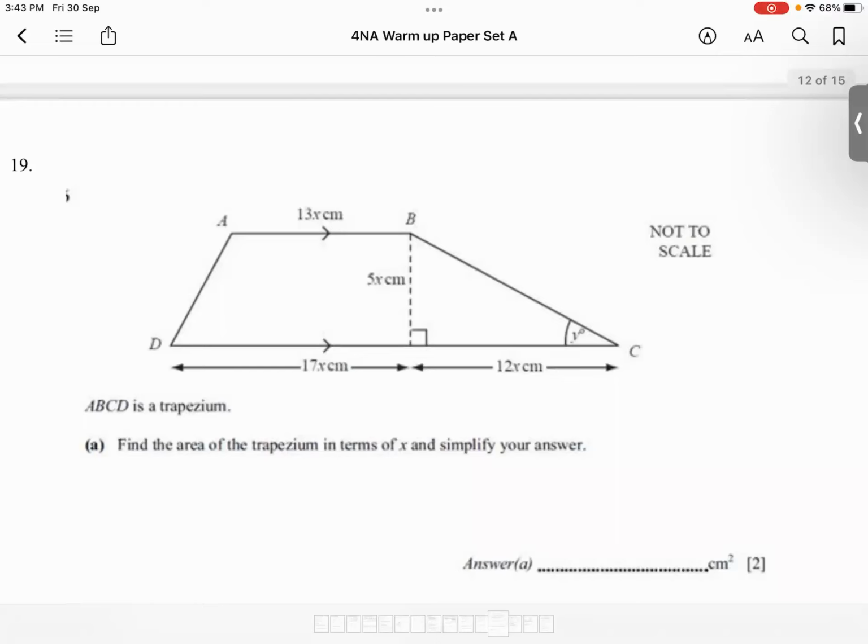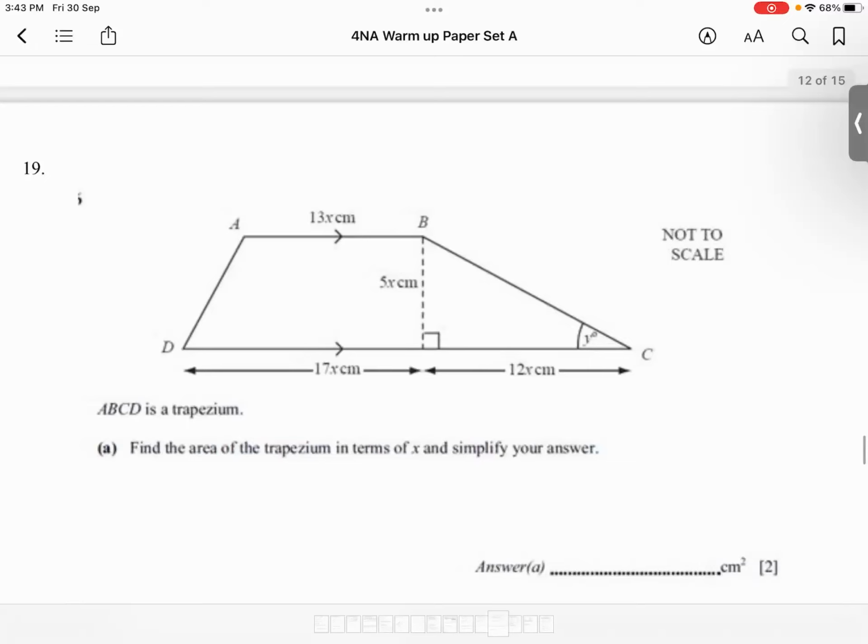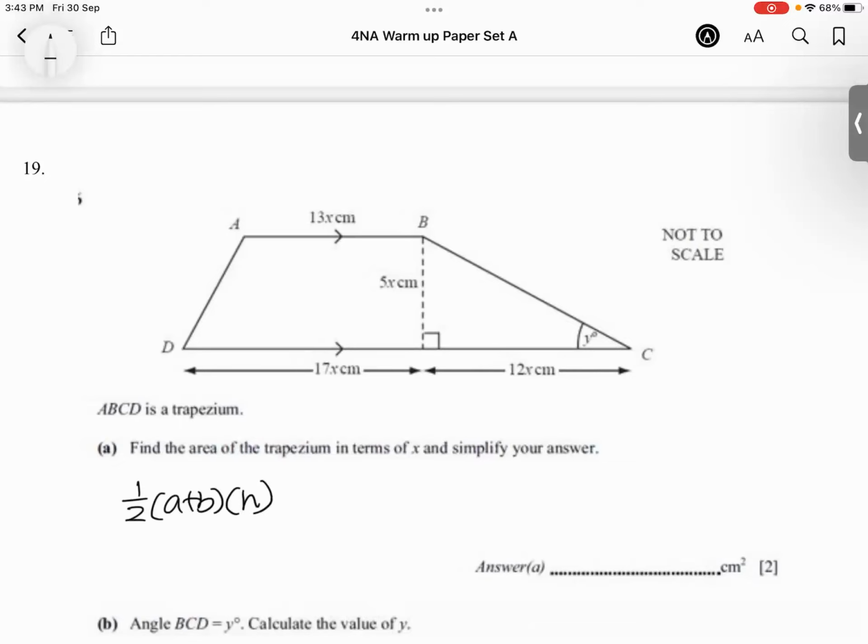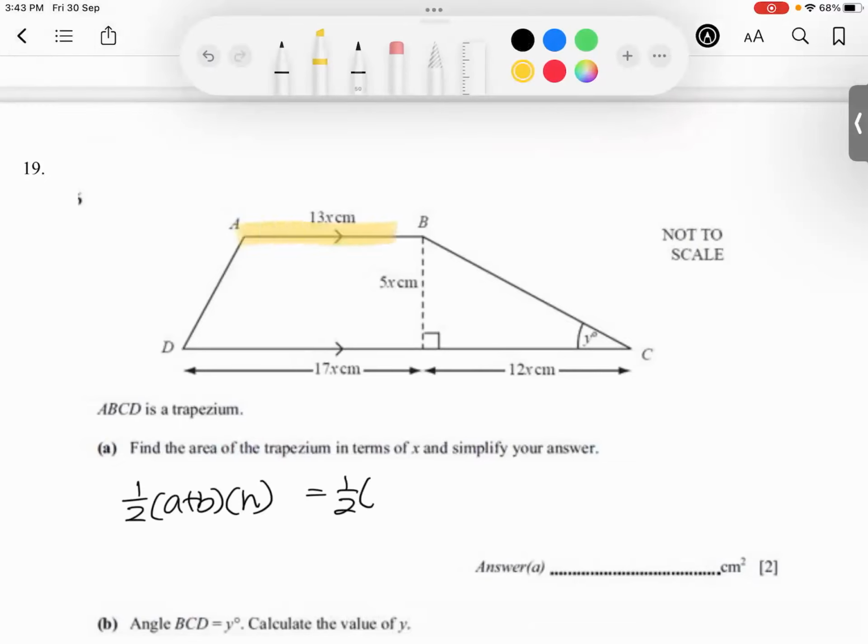Find the area of the trapezium in terms of x. So we already know the formula for area of trapezium. Half times a plus b times h. So half times a, which is 13x, plus the whole of this, 17x plus another 12, 17 plus 12, 29x, times the perpendicular height, 5x.